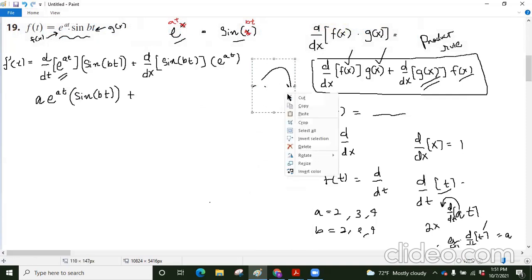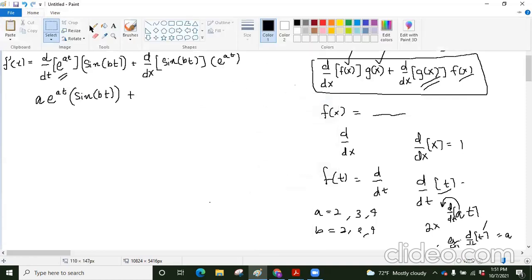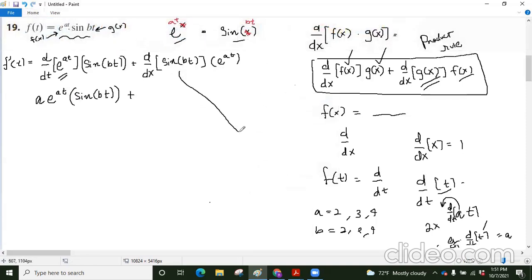So what we're going to do now is pretty much the same thing. We can go off to the side and find the derivative of sine of bt. We know that the derivative of sine of x is cosine of x, correct? So what's the derivative of sine of bt?